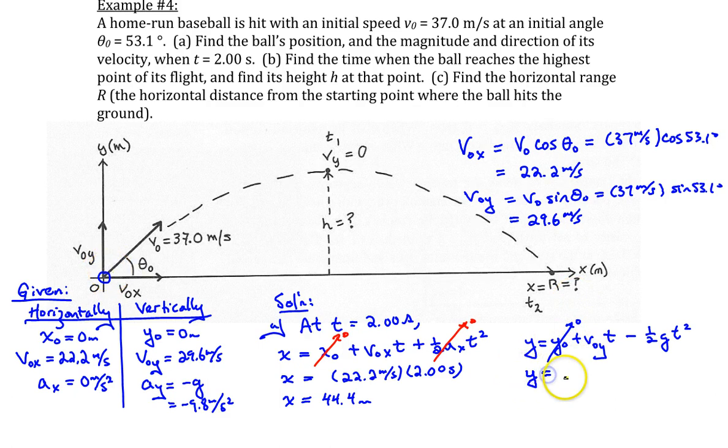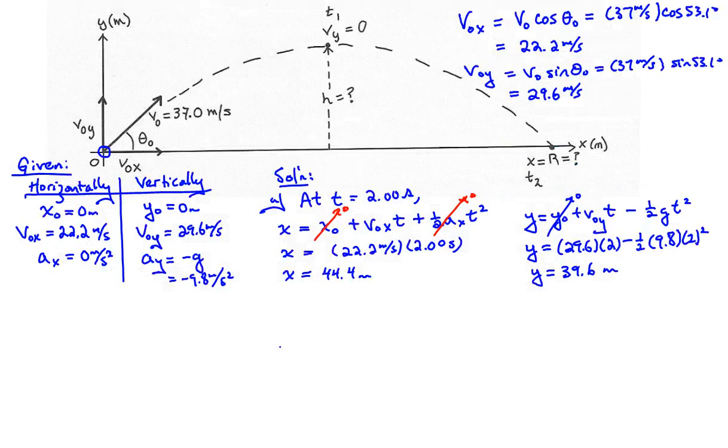So we have y equals 29.6 times 2 minus 1/2 times 9.8 times 2 squared. And that's going to give you a distance of y equals 39.6 meters.